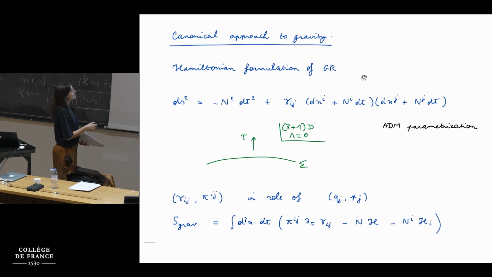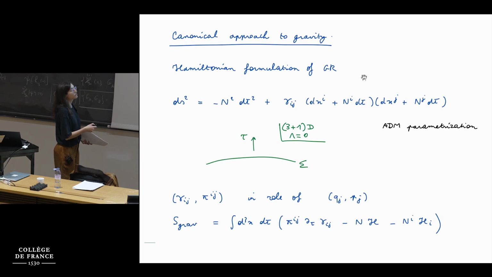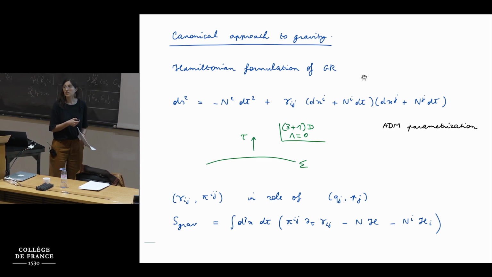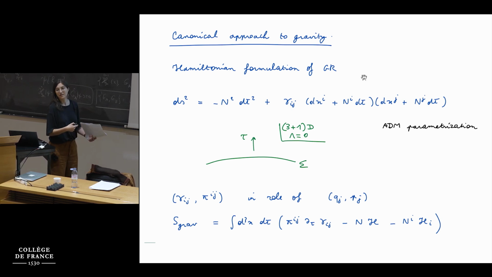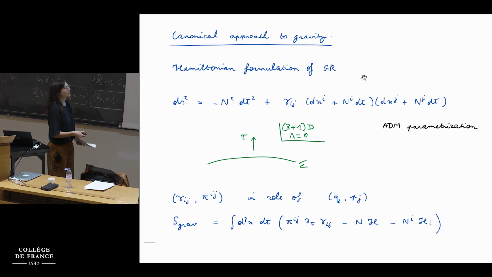It's these gammas and their canonical partner pi that take the role of q's and p's, or coordinates and momenta, in the sense that if you insert this ADM ansatz into your gravitational action, it will take this form, which we recognize as a parametrized action, where the lapse and the shift act as Lagrange multipliers, imposing constraints.